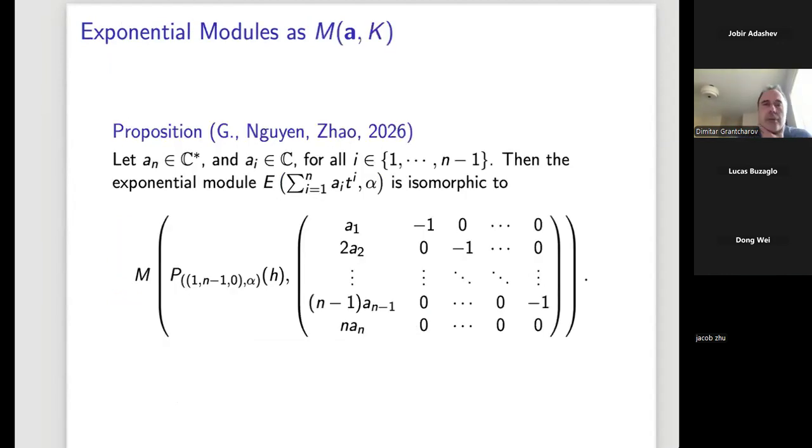So we start with the theorem, which I attribute to our joint work, but I should mention that there is a work of Futorny, Lopez, Mendonca, I hope I pronounce the names correctly, where this type of exponential module was also considered.